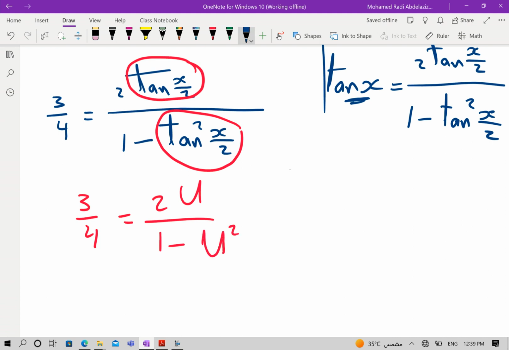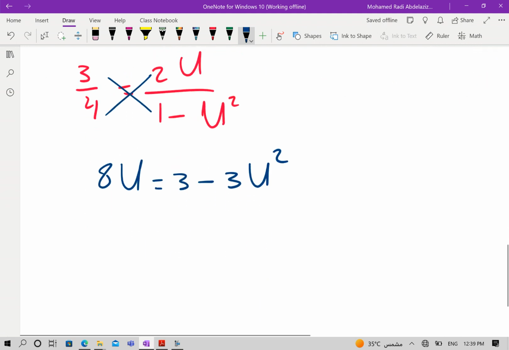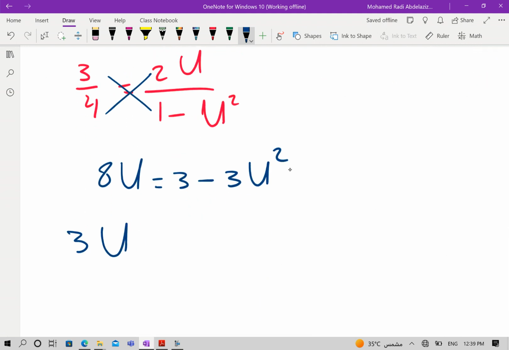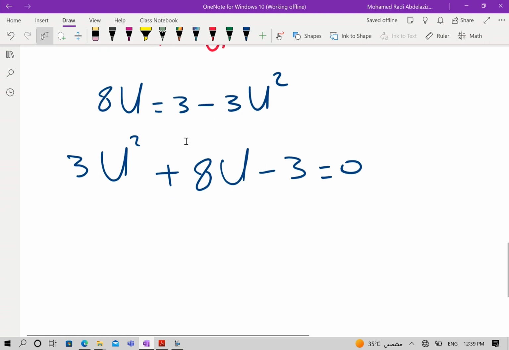How to solve this quadratic equation? Cross multiplication: 8u equals 3 minus 3u squared. Then move to the other side: 3u squared plus 8u minus 3 equals 0. Please solve the quadratic equation and give me the values of u.